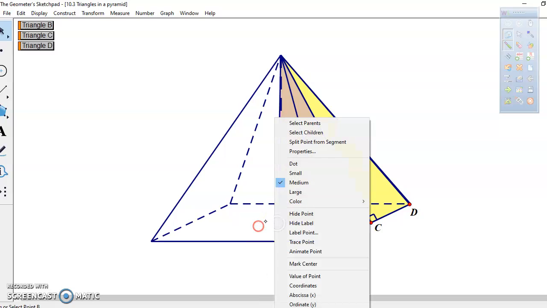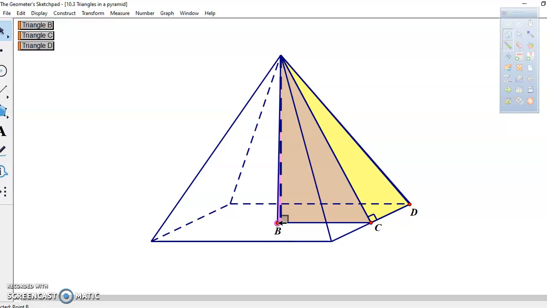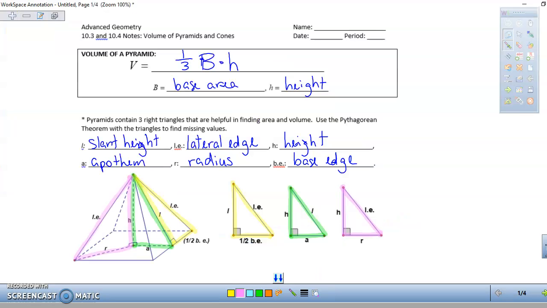If I pull that out along the radius there, it goes to the lateral edge and then again connects with the height of the pyramid. So these are your 3 useful triangles. They're all right triangles. And if you have 2 of those pieces of information, you obviously can find the third with the Pythagorean theorem.